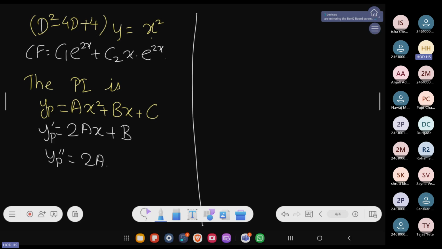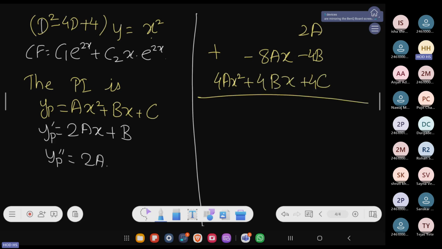So y double dash is 2a, minus 4 times b, minus 4 times 2ax which is 8ax, and 4 times my particular integral, which is 4ax square plus 4bx plus 4c. This should give me x square, that is 1x square plus 0x plus 0.